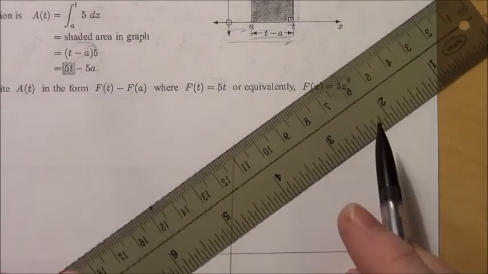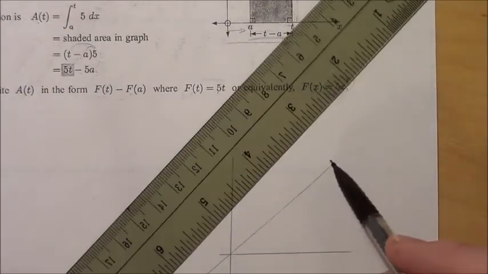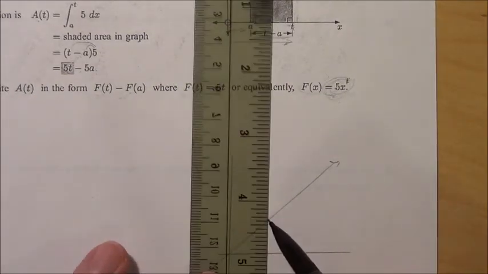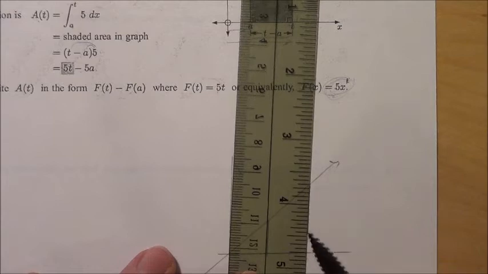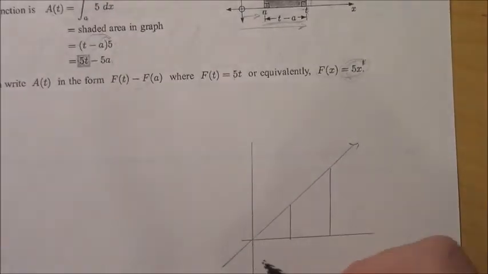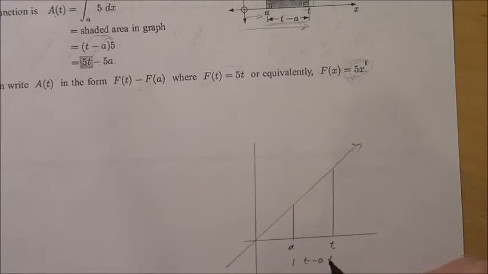It's going through the origin at some angle, like this. And we're trying to find the area between two values like this. Okay, so here's a, there's t. Obviously between the two is t minus a.